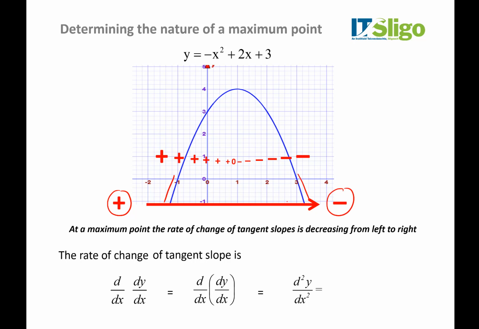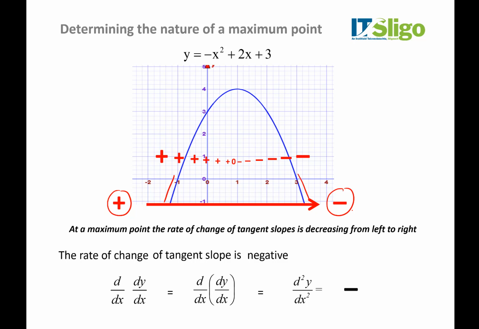So if you think of your bank balance, if you started off with lots of money and then ended up with very little money, you'd obviously say the rate of change of my bank balance is decreasing. Your rate of spending is probably increasing. So the rate of change of tangent slope at a maximum is negative. So our second derivative is negative for a maximum slope.